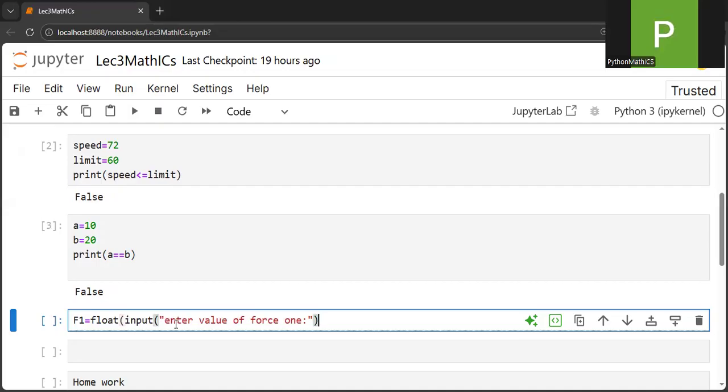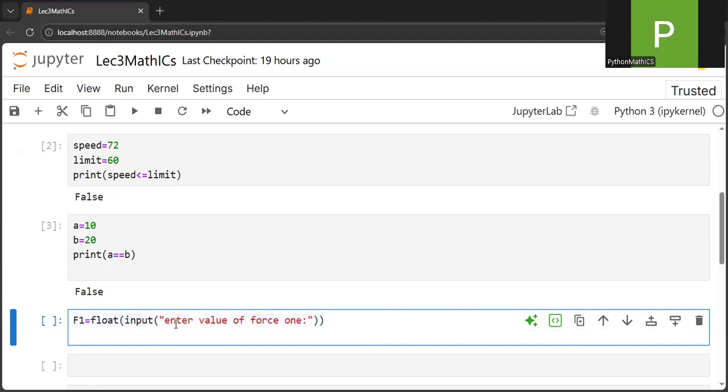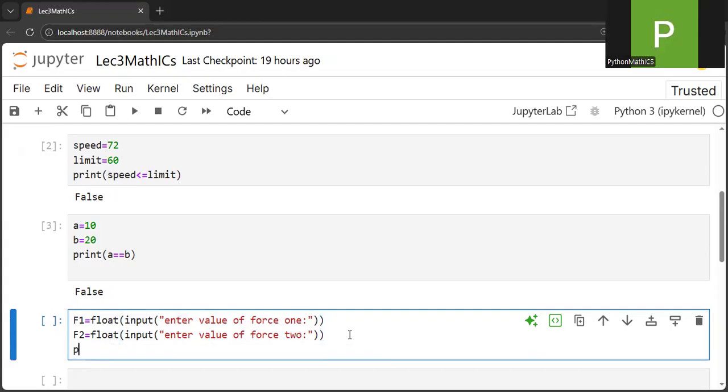It will convert this string into a number. Because we want to compare two numbers, I'll just copy and write F2, and I ask enter second force 2.